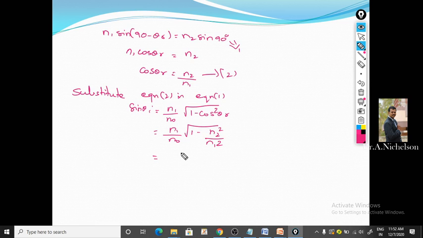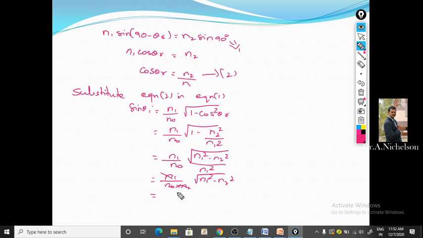Now by cross multiplying everything, you will get n1 by n0 into the square root of n1 square minus n2 square divided by n1 square. The square root of n1 square is again n1, so n1 gets cancelled. Finally you will get the value square root of n1 square minus n2 square divided by n0.